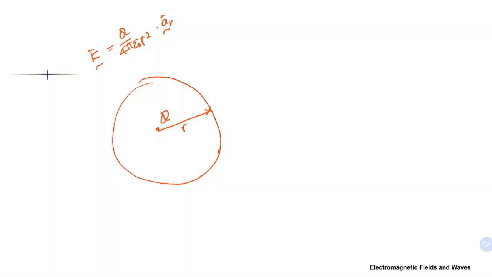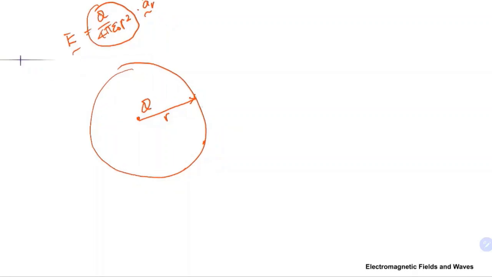Okay? If I go around my sphere, R is the same. So Q, 4 pi is a constant, epsilon naught is a constant, R is also constant. So at every point here, my electric field is the same. That is what we learned in topic 2 on electric field.